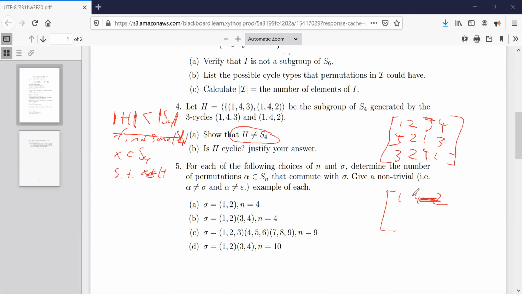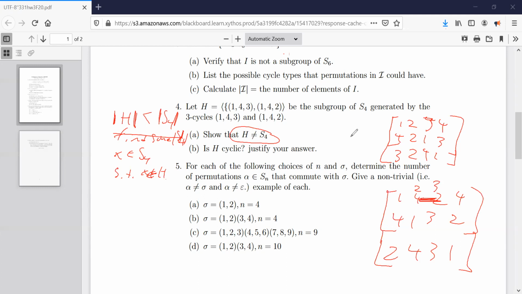Sorry. 1 goes to 4, 2 goes to 1, 3 stays at 3, and 4 goes to 2. If we extend it again, we would get 4 goes to 2, 1 goes to 4, 3 stays at 3, and 2 goes to 1. And if we were to compose this again, we would get the identity.